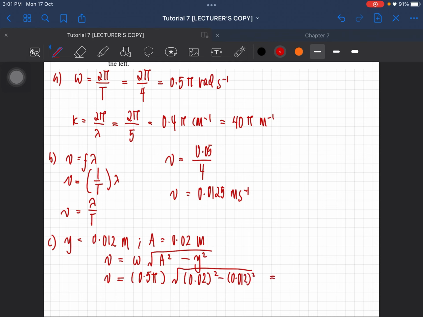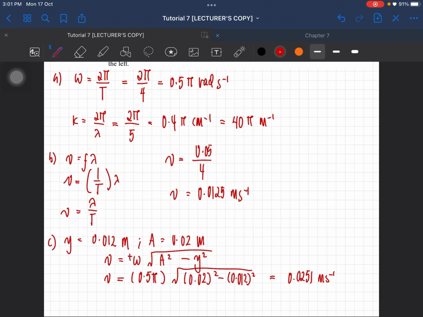So you'll get the particle vibrational velocity to be equal to 0.0251 meter per second. Let me just double check for you. 0.5 pi times square root of 0.02 squared minus 0.012 squared, yes, 0.0251 meter per second.